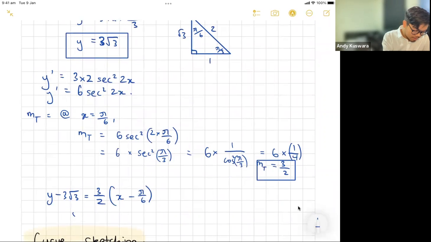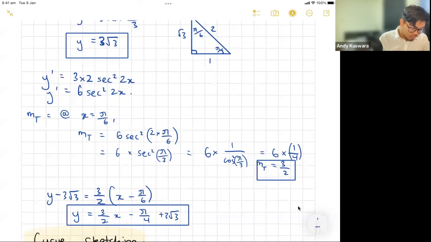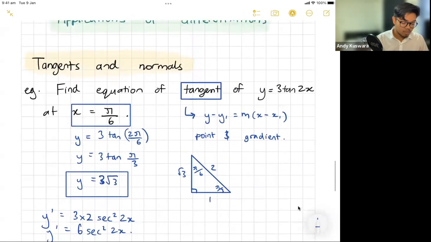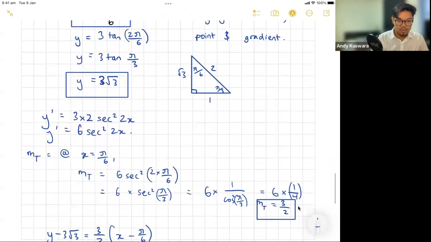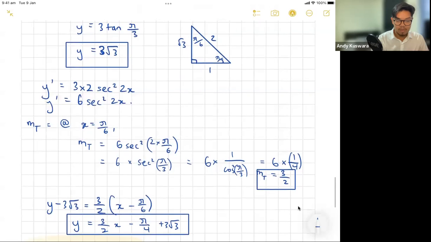So y is just going to equal 3 on 2 x minus 3 pi on 12, which is pi on 4, and then plus 3 root 3. And there, I'd be happy for that to be your equation of the tangent of y equals 3 tan 2x at x equals pi on 6. Okay, so a little bit of a process there, but we got there in the end.